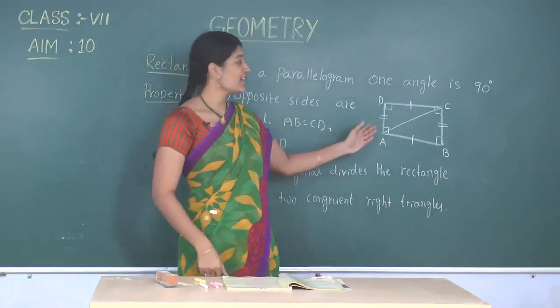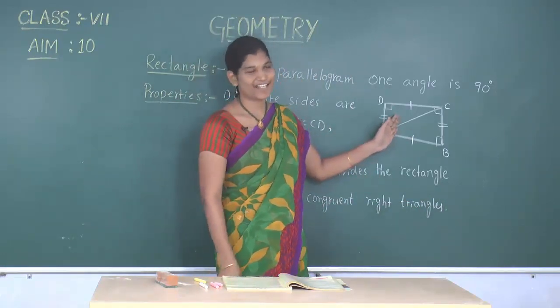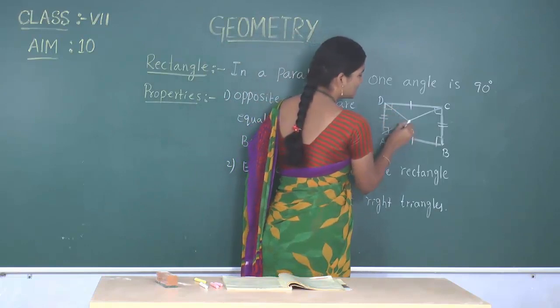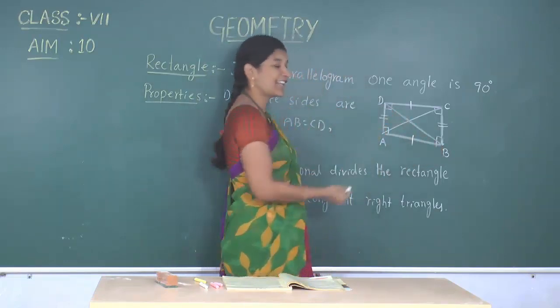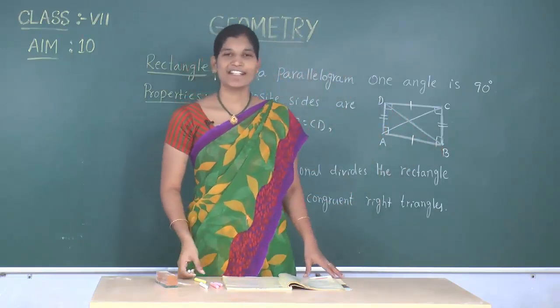And we can say here also diagonals bisect each other. Like a parallelogram, in a rectangle also diagonals bisect each other.